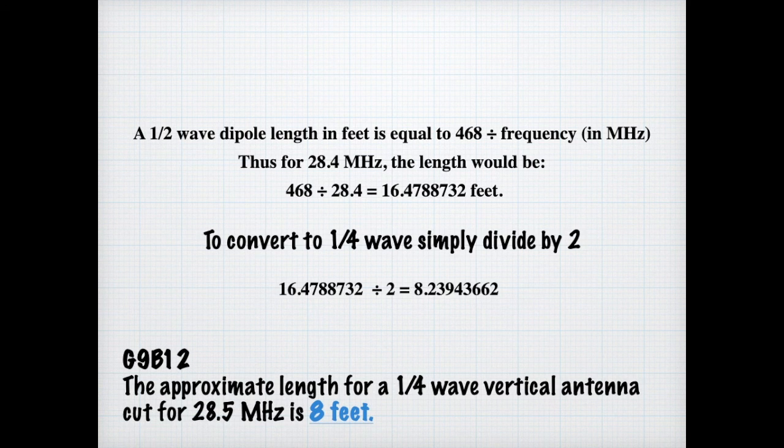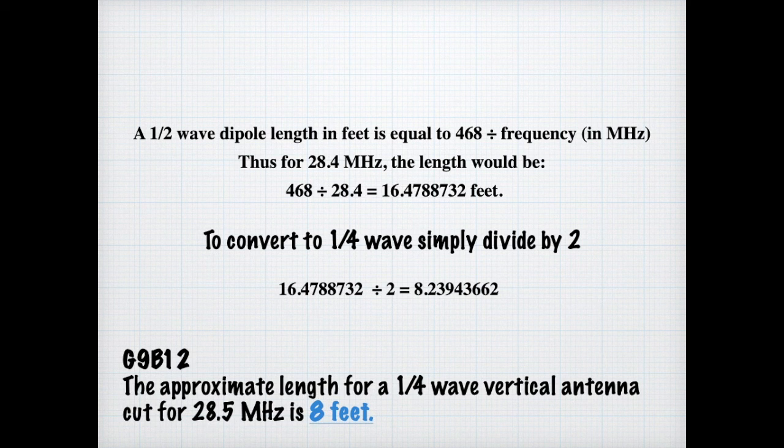For the exam, you just need to know that the approximate length for a half-wave dipole antenna cut for 3.550 megahertz is 132 feet. Trying to trip us up by throwing in a quarter-wave antenna, but quarter wave is only half of a half-wave. So we use the same formula. We calculate it.